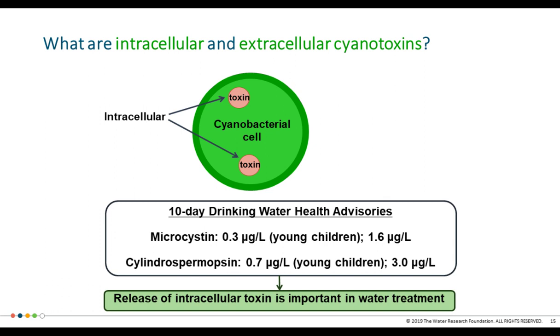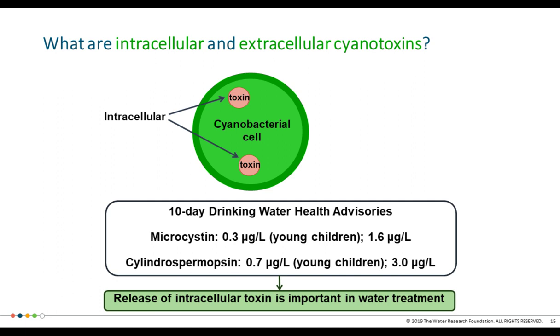The other side of that are intracellular cyanotoxins, and these are found within the cell wall and have not yet been released or excreted into the water supply. And these are important.